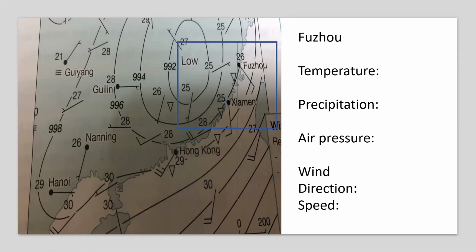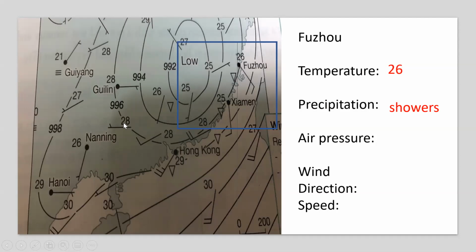How about Fuzhou? Now here, the temperature at Fuzhou, you see the number is 26 degrees Celsius. How about precipitation? You see the inverted triangle. So this is showers. How about the air pressure?